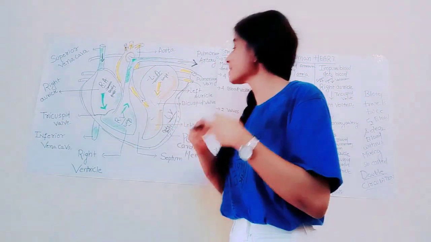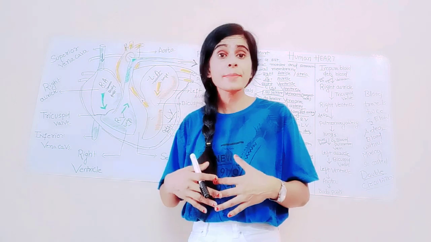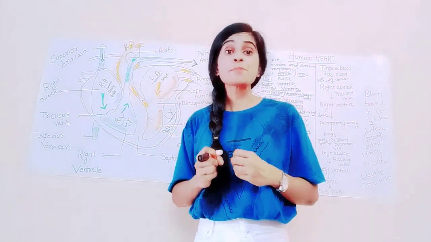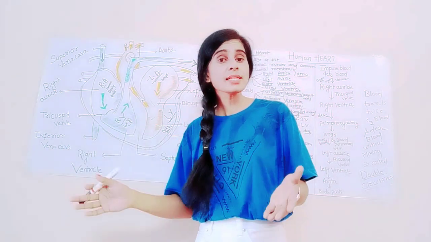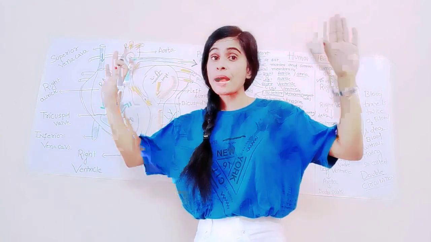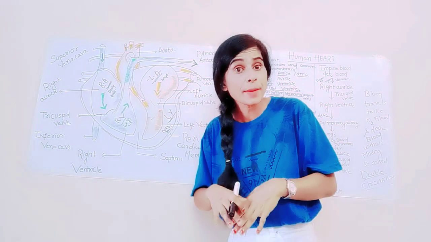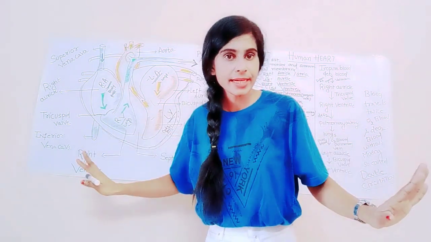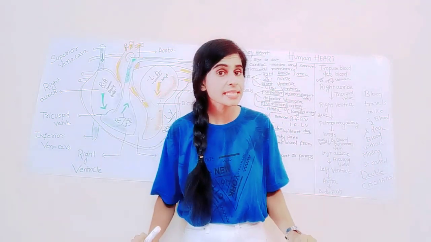And the lower chambers, your right ventricle and left ventricle, always pump blood to the lungs and to body parts. Remember, the upper part receives blood, but the lower part always transports blood. Clear? Okay.